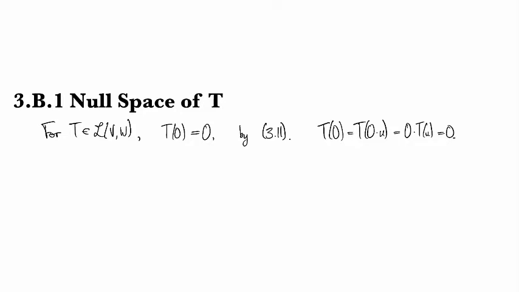Okay, so the upshot here is that since 0 is an element of any vector space, the equation Tv equals 0 always has a solution. And that solution is the trivial one.